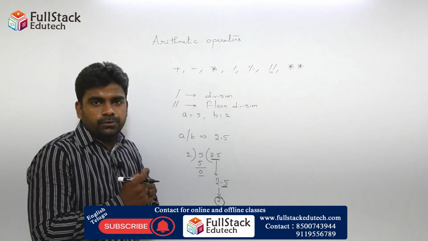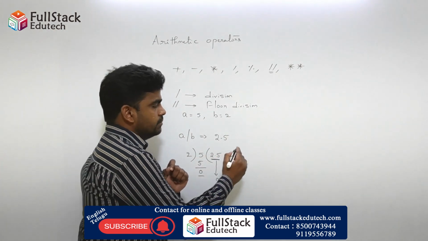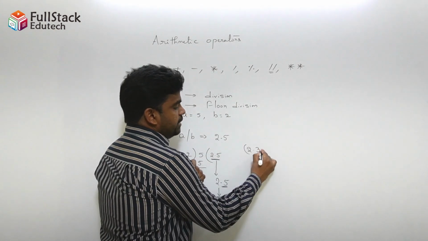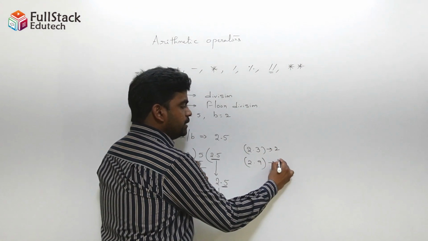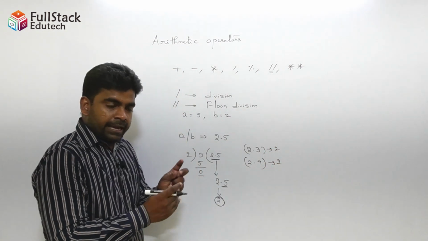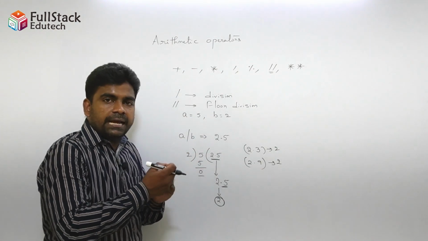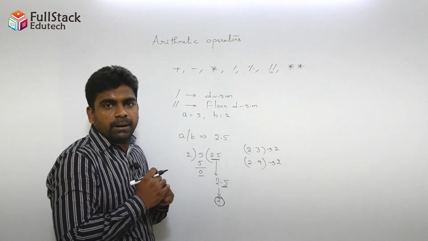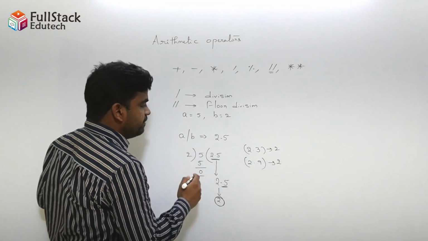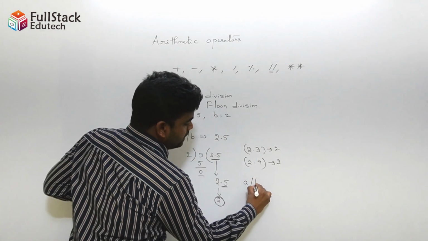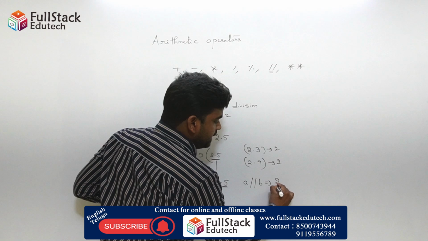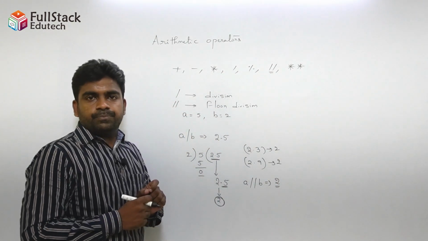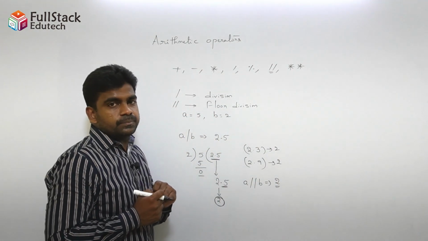The floor value, you know the meaning of floor value. For example, the floor value of 2.3 is 2. The floor value of 2.9 is 2 only. It will remove the decimal part and give only the integer part. So whenever you give a double slash b, floor division, it will give only the integer part.